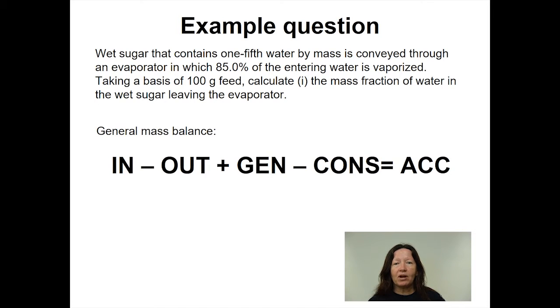Then our evaporator can drive off 85% of that water out of the sugar. Before we do a hand calculation, which I'll show you in just a moment, we're going to look at the general equation for mass balances, which is in minus out plus generation minus consumption equals accumulation.